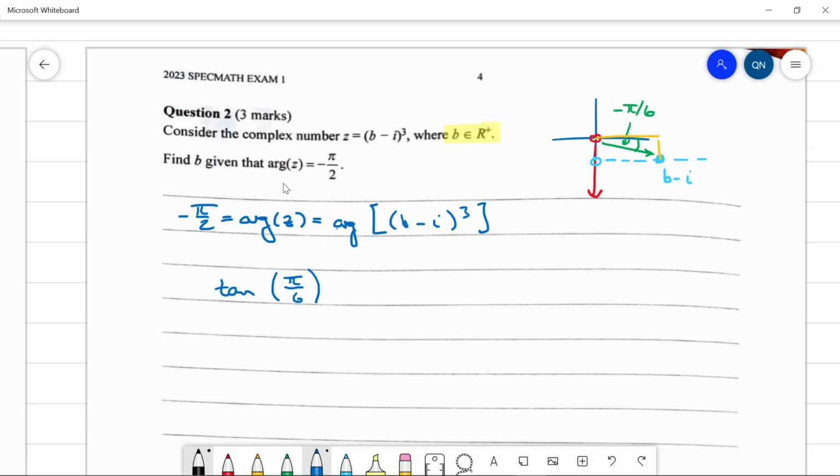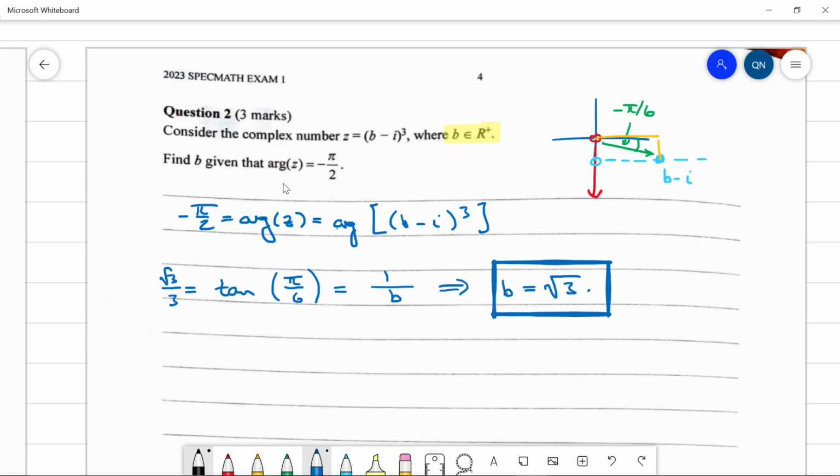Tangent of pi on 6 is root 3 on 3. So what's the opposite side? It's 1. What's the adjacent side? It is b. So that means b is equal to root 3. Yeah, that should work. So b is root 3.